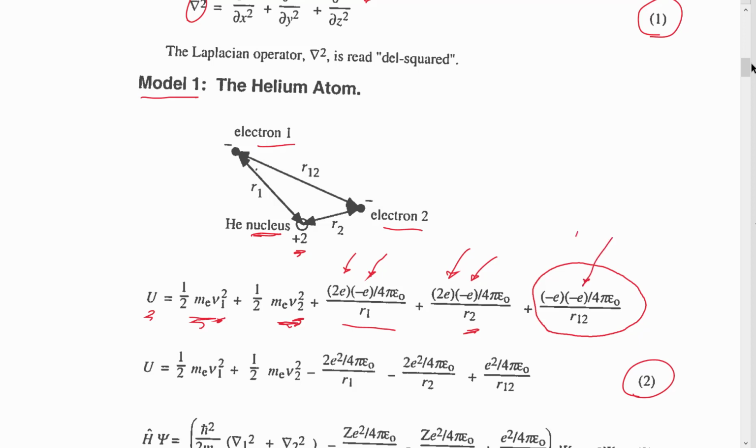Because we have two negative fundamental charges, this ends up being the repulsion between those two electrons. When we simplify further and multiply through the terms in the brackets, we end up with this e squared term in the third term, and notice that we also have e squared terms in the fourth and fifth term, and that's equation number 2.